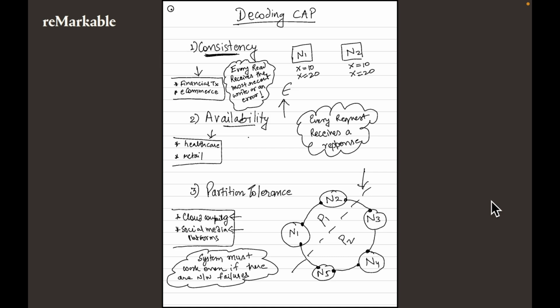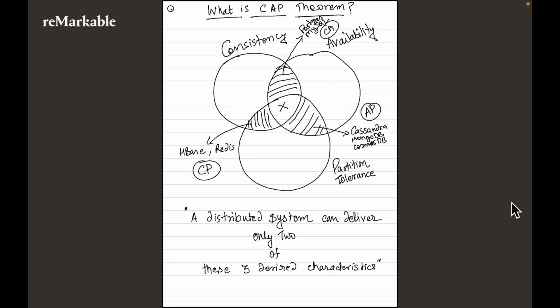I think with this understanding, now it's time to deep dive into the CAP theorem. Now you have a good understanding of the individual components of CAP theorem, so it would be much easier to understand this theorem. What this theorem says is, a distributed system can deliver only two of the three desired characteristics.